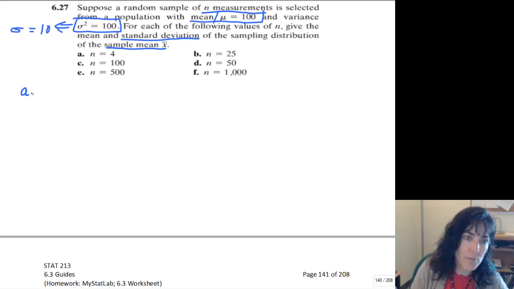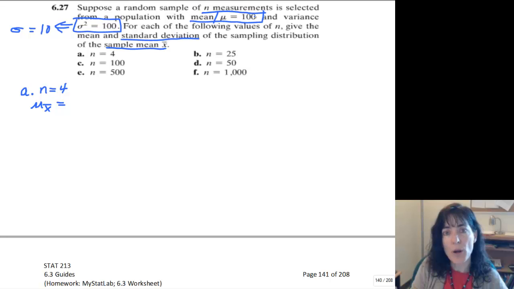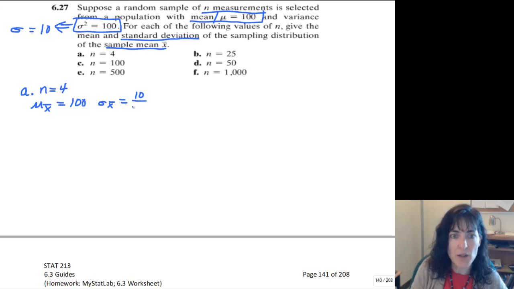So part A, we have n equals 4, so we know that our mean for our x bars is going to be the same as the mean for our population, so the mean is going to be 100, and the sigma for our x bar is going to be the sigma for the population, which is 10, divided by the square root of n, which is 4, square root of 4 is 2, so 10 divided by 2 is 5.